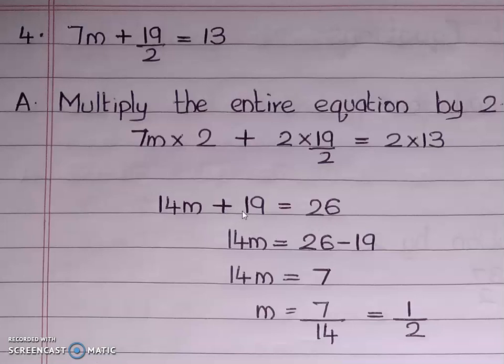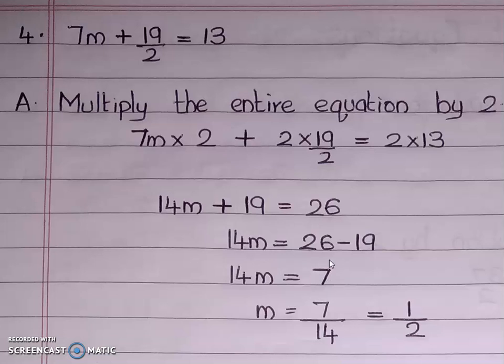Transposing plus 19 to the other side, it becomes minus 19. So 14m is equal to 26 minus 19. What is 26 minus 19? It's 7. So 14m is equal to 7. Students, be careful.